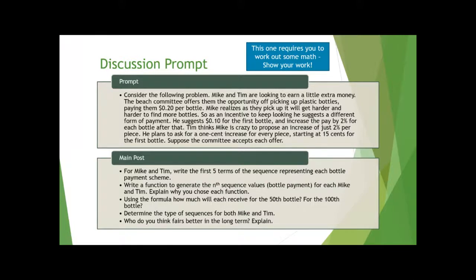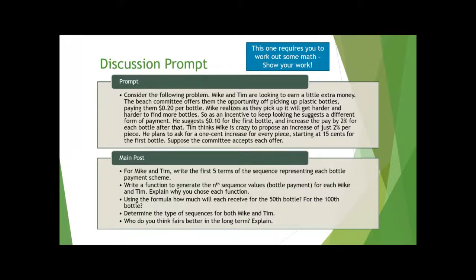Consider the following problem. Mike and Tim are looking to earn a little extra money. Each committee offers them the opportunity of picking up plastic bottles, paying them 20 cents per bottle. Mike realizes as they pick it up, it will get harder to find more bottles.